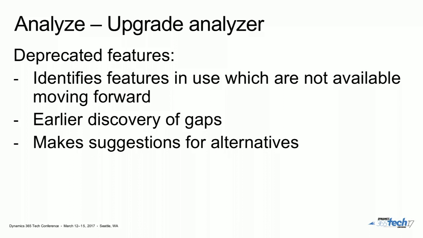They know the feature's missing. They have to tell you something. Okay, what are my options? What am I going to do? That's what it will try to do. The aim is it will give you the same options that your expert would have given you when they realize you were using something that's deprecated. Try and empower the customer a bit more to know that there is something that they need to deal with and what some of their options are.